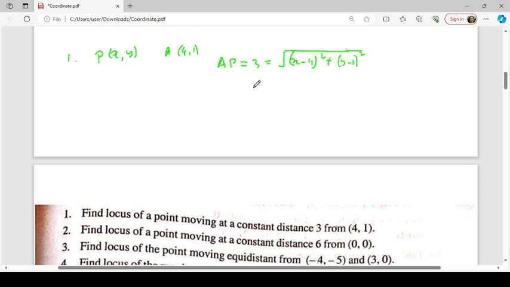Now we simplify it. This implies 9 is equal to, taking the square to remove the root, x square minus 8x plus 16 plus y square minus 2y plus 1, and we can simplify the constants. So it is x square plus y square minus 8x minus 2y plus 17 minus 9, which is x square plus y square minus 8x minus 2y plus 8 equal to 0.